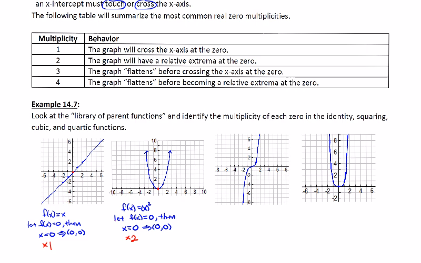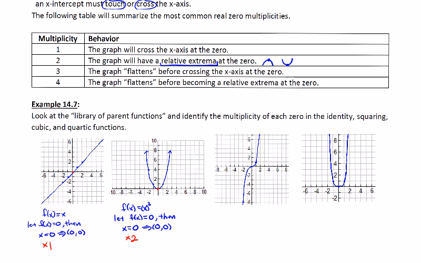In fact, it says the graph will have a relative extrema at the 0. So when we talk about relative extremas, that means we're going to either have a relative maximum or we're going to have a relative minimum. For the parent functions, these are going to be a very simplified version of what we could potentially get out of just a generic polynomial function.